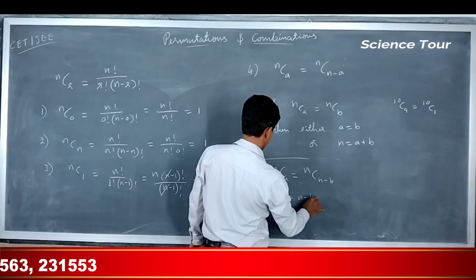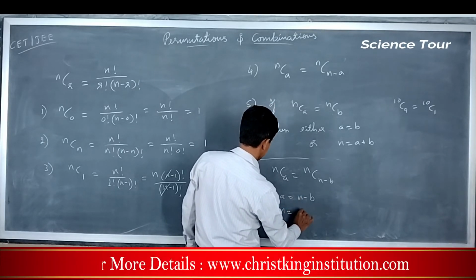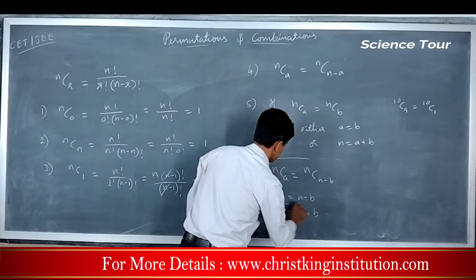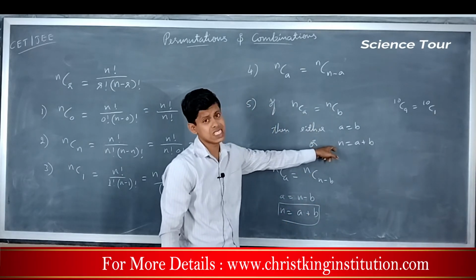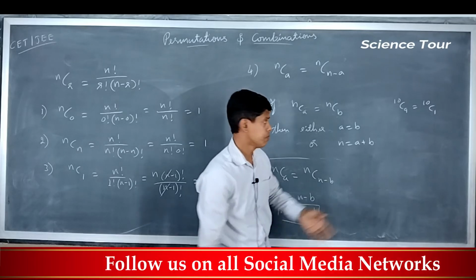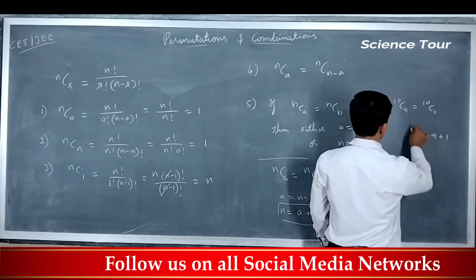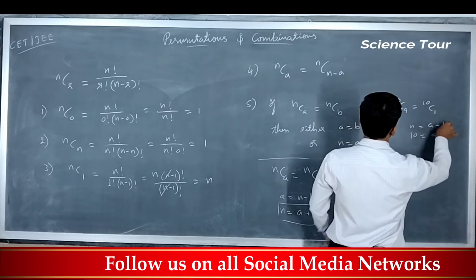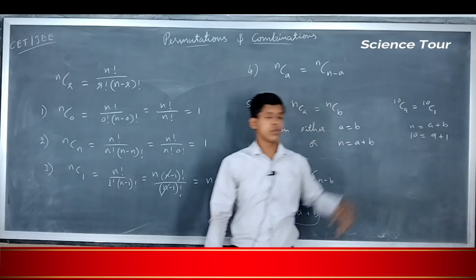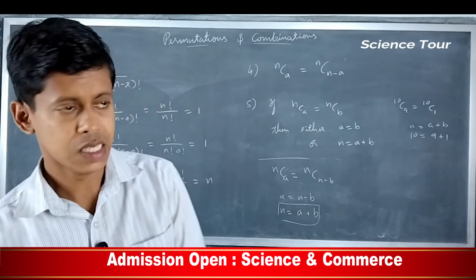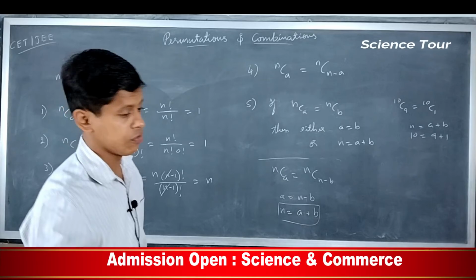That means n is equal to a, and minus b becomes plus b over here. So that's what we get as the second possibility. Here 10 is equal to 9 plus 1, n is equal to a plus b. So these are the two possibilities that we will always have.